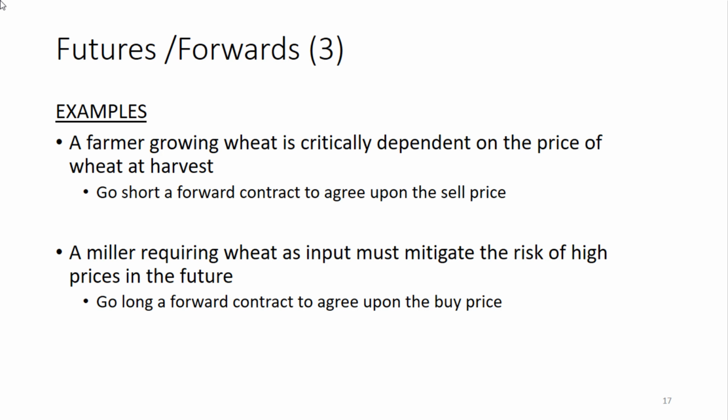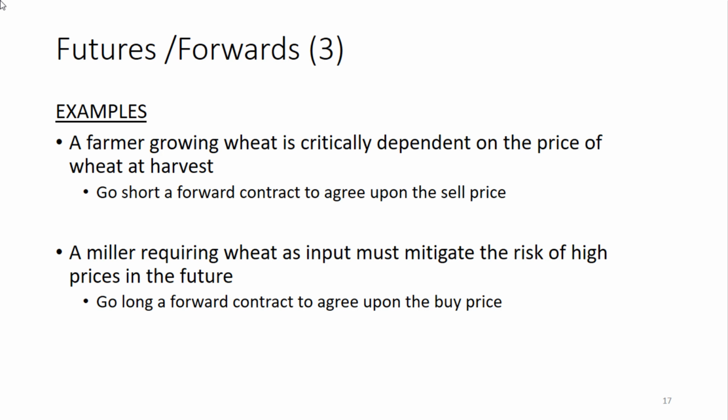Now, second example: consider a miller who regularly requires wheat as input to its business process. This miller actually takes the opposite position from the farmer.